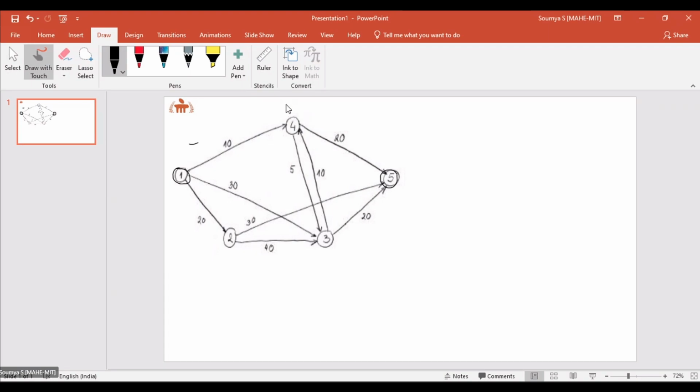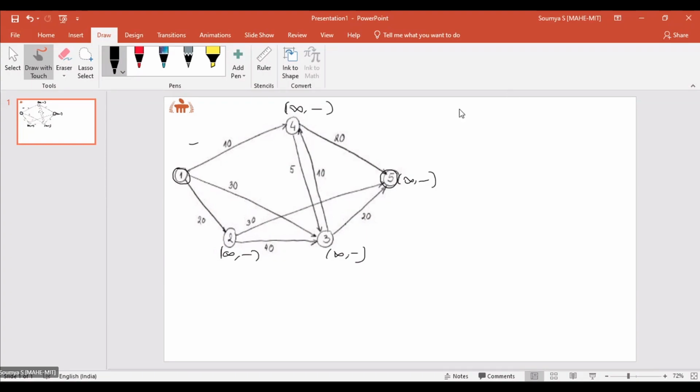So what you first do is, initially I'm going to consider all of them as infinity, because I am just at the beginning and I do not know the route to any other node.